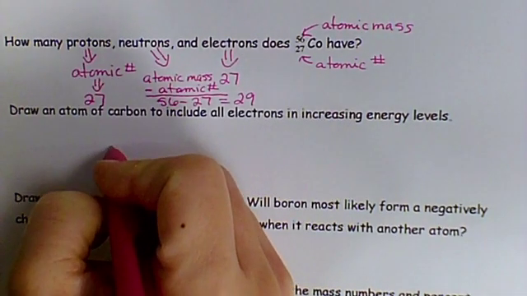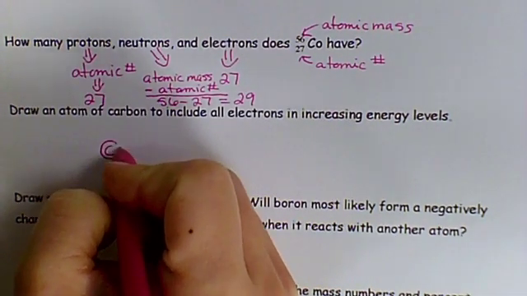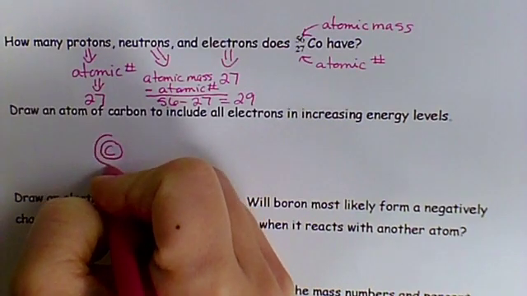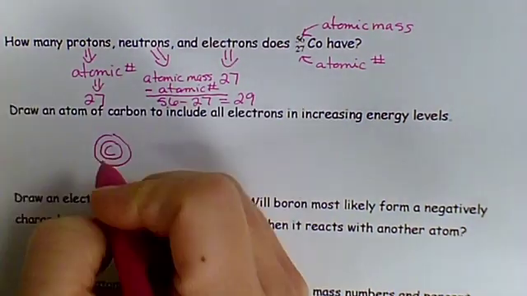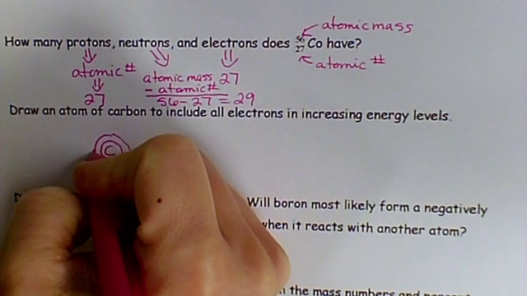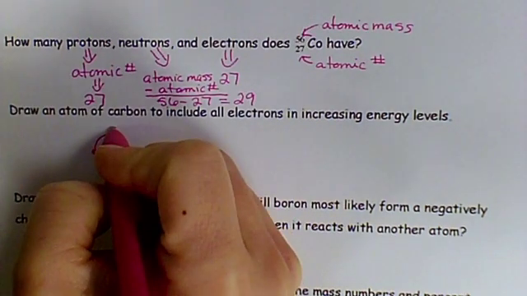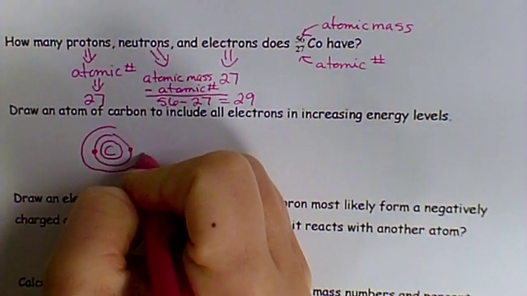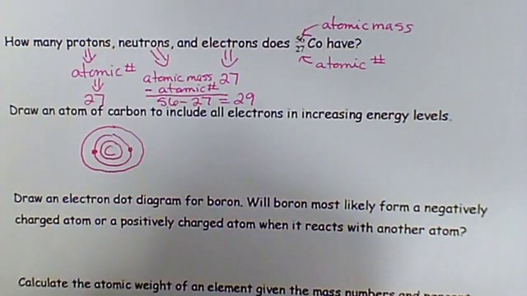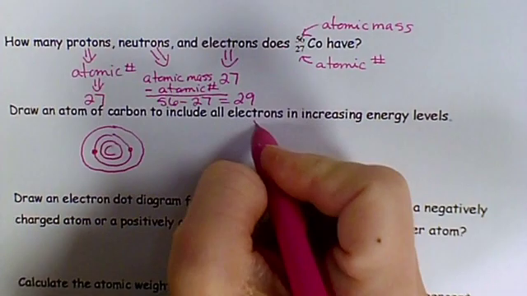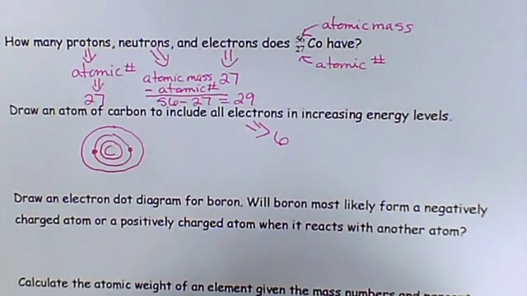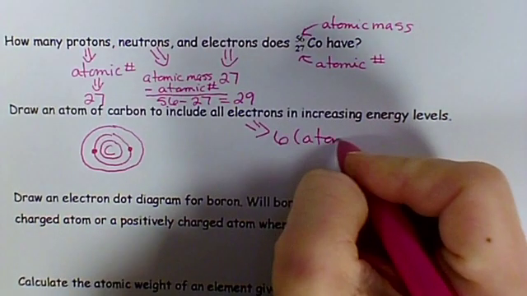So we have carbon here. Our first energy level always has 2 electrons. Our second energy level can take up to 8, but carbon has 6 electrons in it because its atomic number is 6.